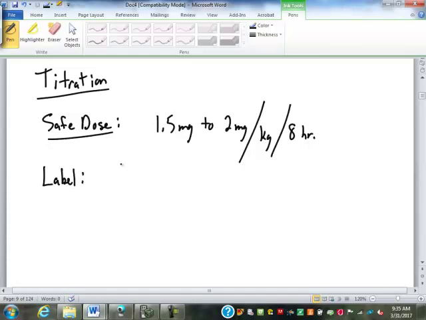And let's say our label is telling us that 25 milligrams of medication is dissolved into 20 milliliters of fluid. And our patient is 154 pounds.